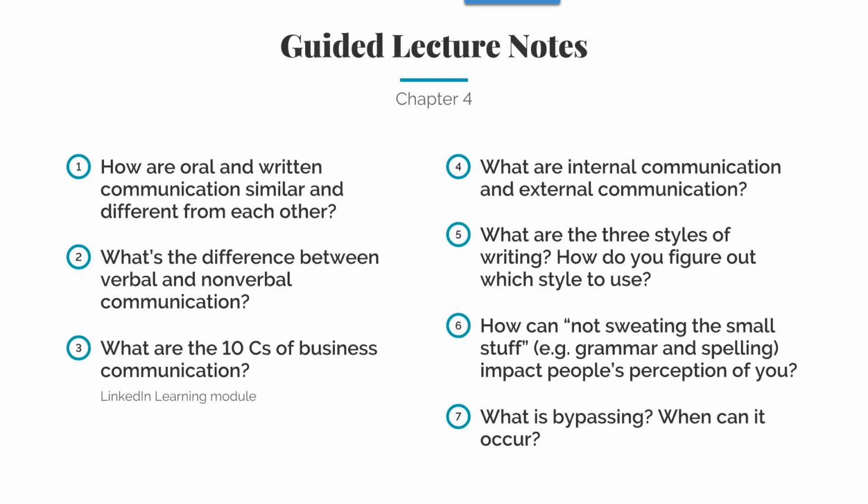For the guided lecture notes, come back to this and make sure that, not sweating the small stuff, like grammar and spelling, you think about how that impacts other people's perceptions, particularly when we're looking at code switching, when we're looking at multiple audiences. What are the impressions you give? So be able to answer all this.